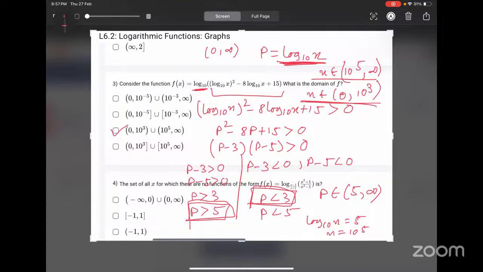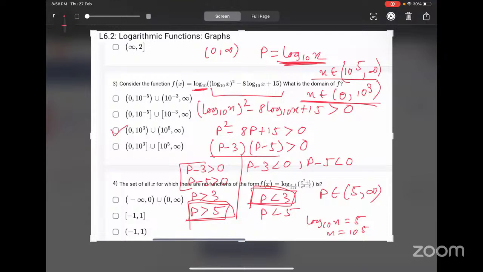Ma'am, how did you take p greater than 5? That is because the multiplication of these two numbers is greater than 0. That means both factors will be greater than 0 or both factors will be less than 0. It is clear up to now? Yes, ma'am. Now from this we will get p greater than 3 and p greater than 5, and we will choose the stronger one. If p is greater than 5, then it automatically implies that p is greater than 3, right?